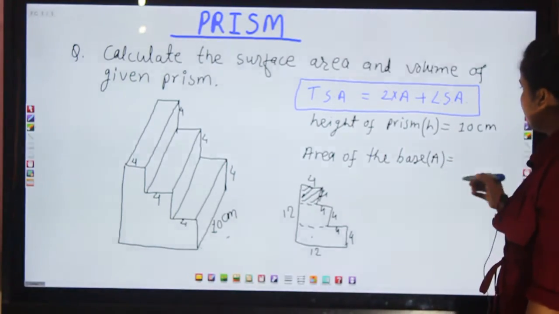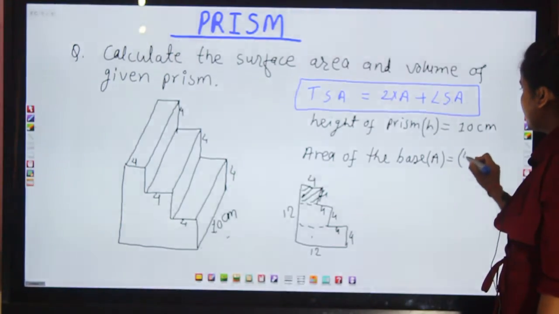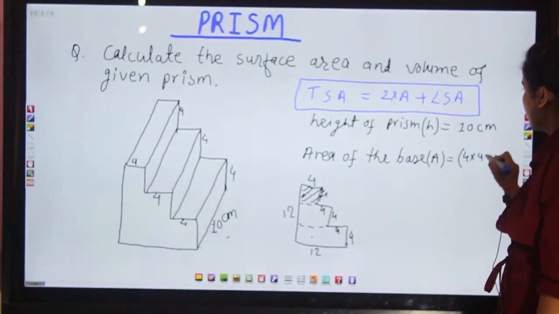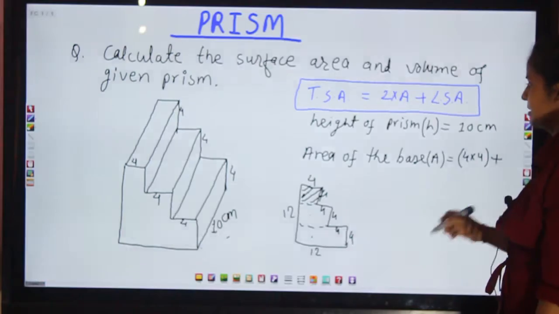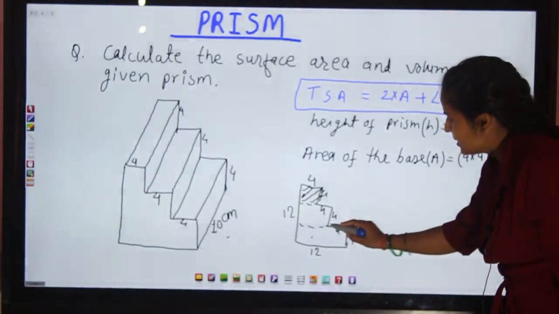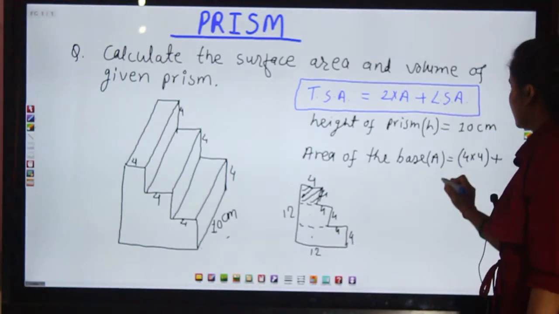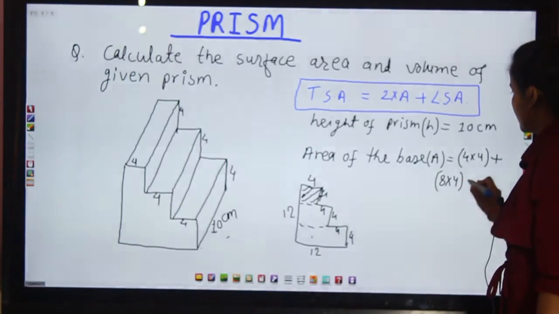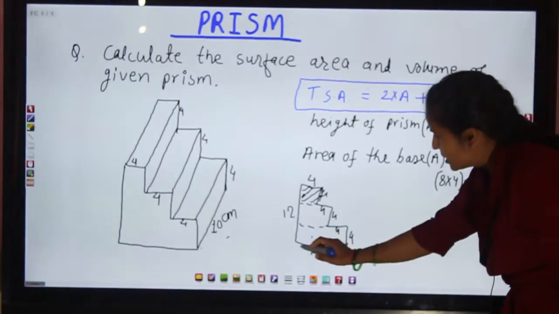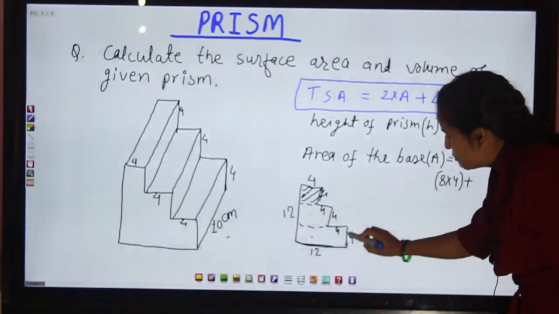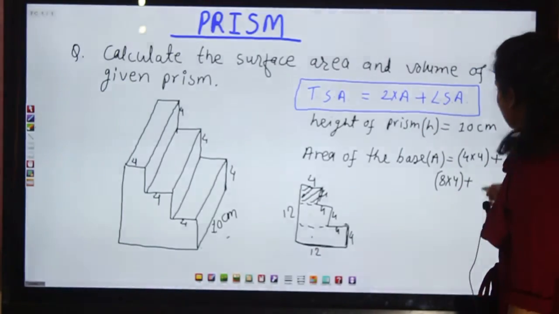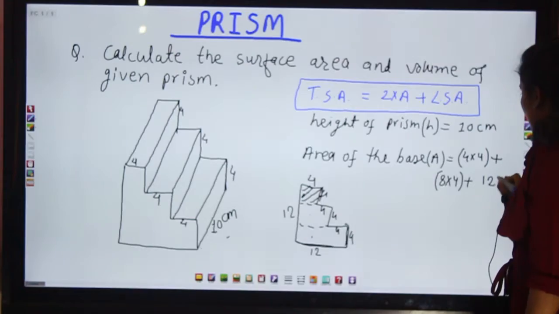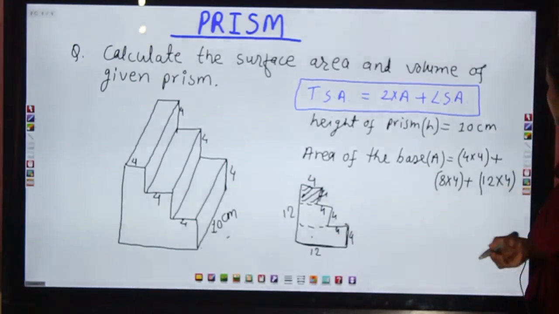So the area of the base will be 4 into 4 plus the next one, length 8 breadth 4, 8 into 4, plus another one, 12 into 4, length into breadth.